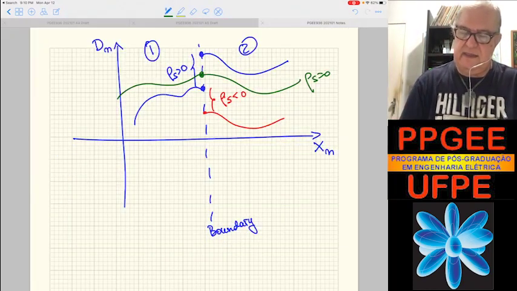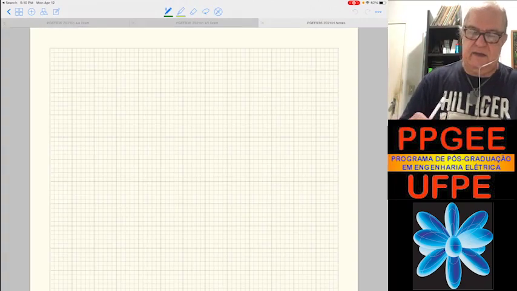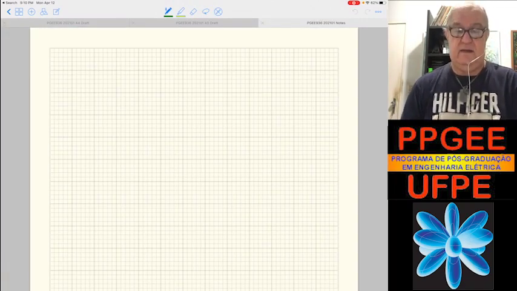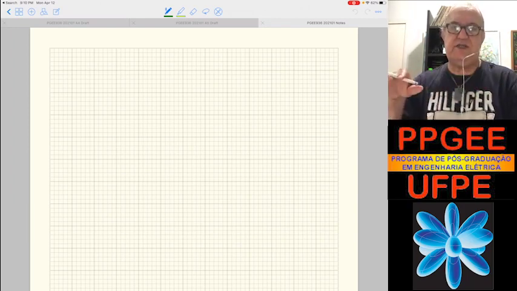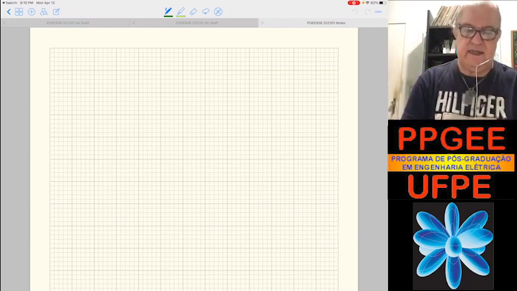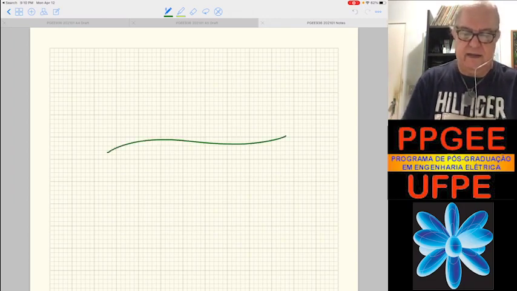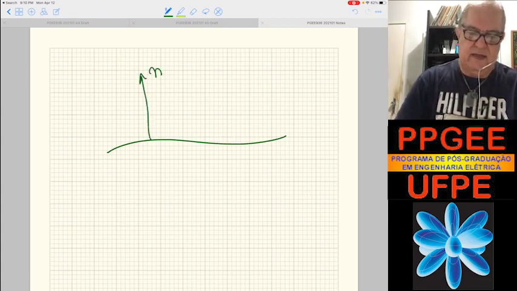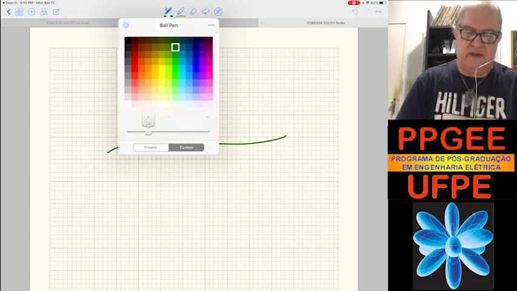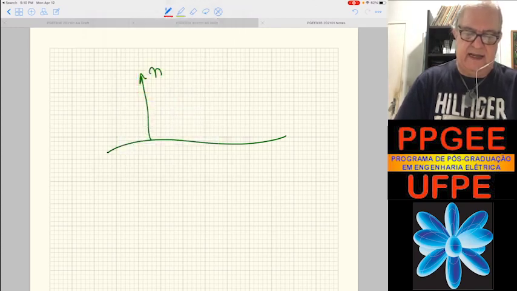That means, let's make it separately here, that the fields have the same tangential component. Let's make a drawing here. So that's the normal. Let's say this is a vector E on side 2.